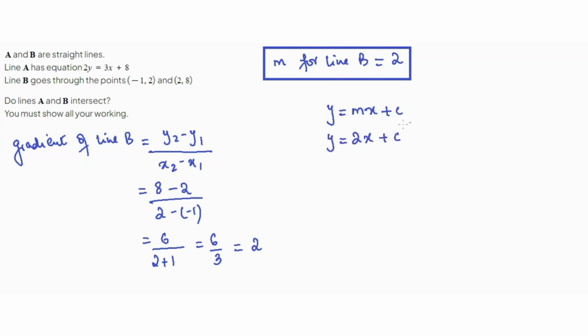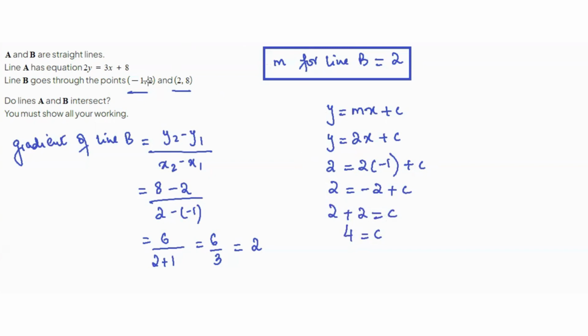Now, next step is to figure out the value of c. To figure out the value of c, we can put either of these points in this equation and see what the value of c is going to be. I'm going to pick the first one. So 2 equals 2 times -1 plus c. 2 equals -2 plus c. 2 plus 2 is c, and c equals 4.